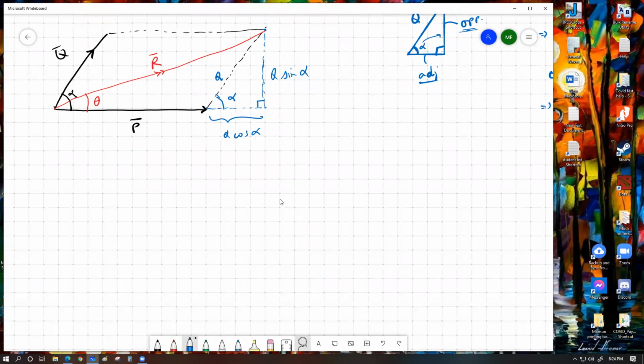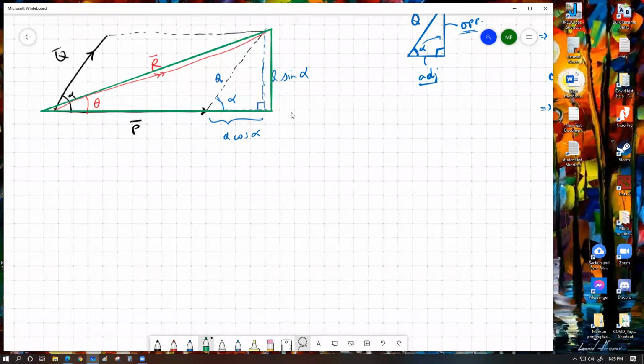So if we now try to draw the Pythagorean law for this large triangle, which I am going to try to label with the green, let's say this large triangle. So we try to apply the Pythagorean theorem. Can I actually squash this?